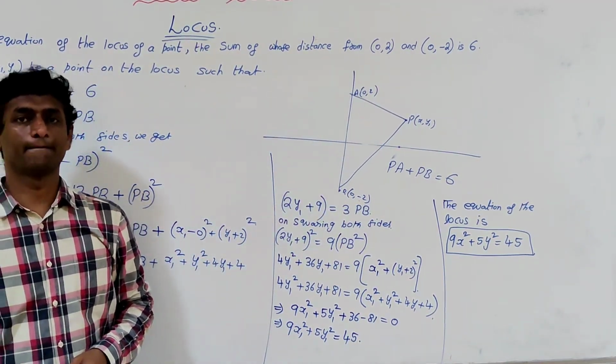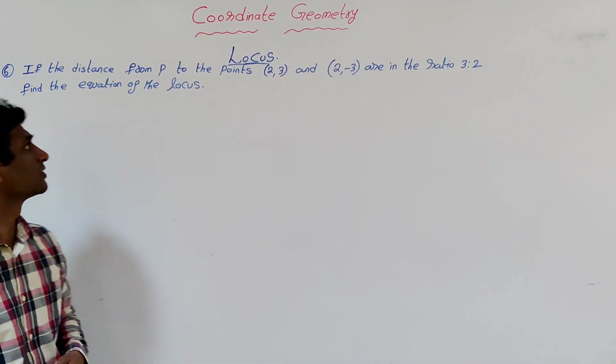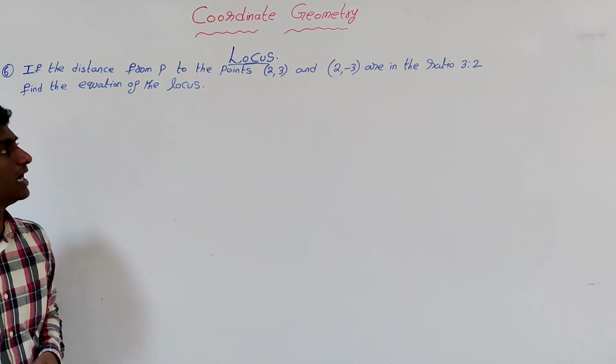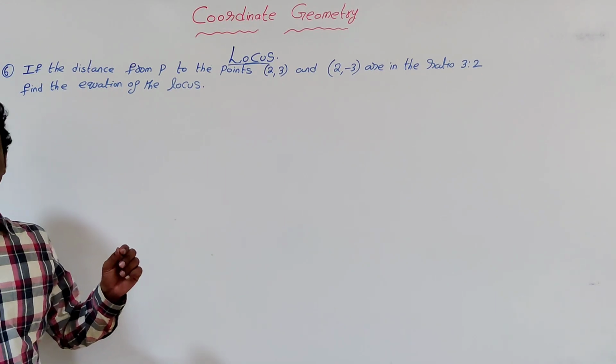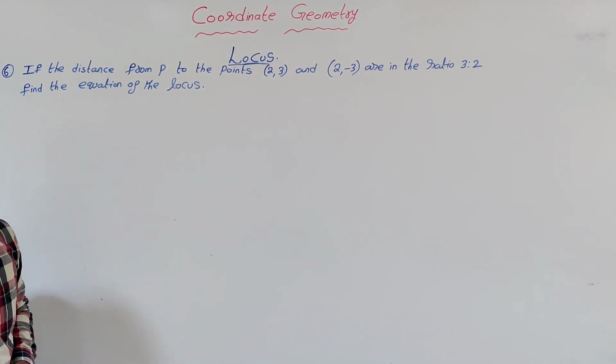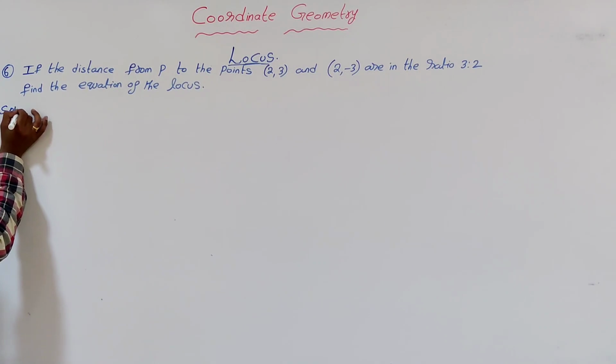Next problem. If the distances from P to the points (2, 3) and (2, minus 3) are in the ratio 3:2, find the equation of the locus. Okay, so we'll see the solution.